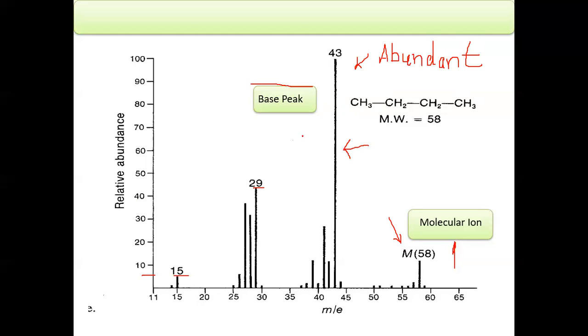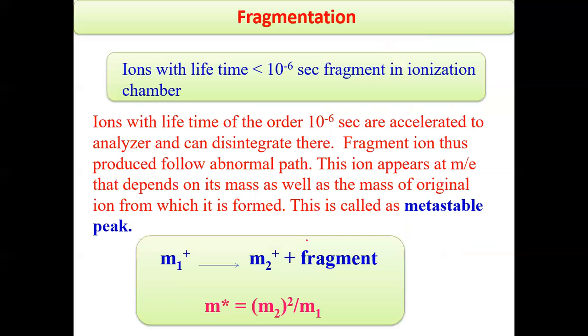This means that this peak is due to a stable carbocation, and m by e 58, the molecular ion, has less stability. So the concept of base peak, intensity and molecular ion is covered in this part.